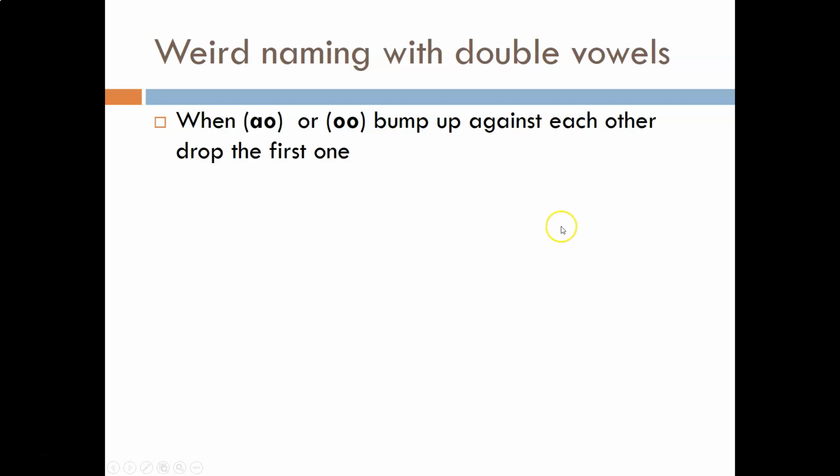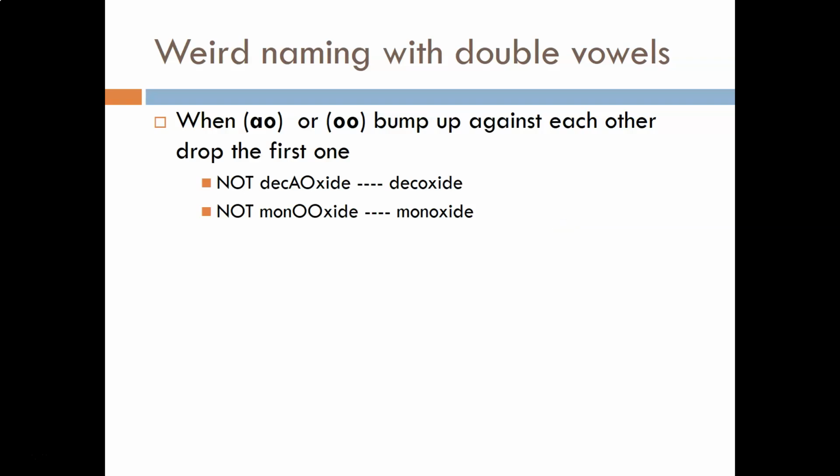We don't say decaoxide, we say decoxide. We don't say monooxide, we say monoxide. If you've ever heard carbon monoxide, okay? We don't say pentaoxide, we say pentoxide. Somebody decided they sounded better that way. And whoever that person was apparently won the argument because that's now the rule, okay?